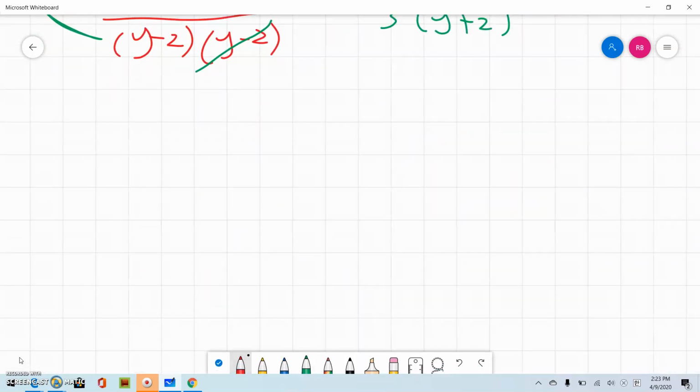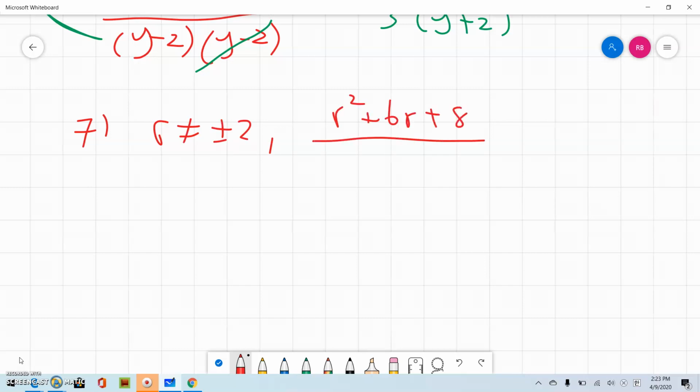Number 7. It says r cannot be plus or minus 2. You need to know this because there will be a question that asks you to find what restriction your rational function has. The reason r cannot be plus or minus 2 is because when you factor this out, it's r plus 2 and r minus 2.